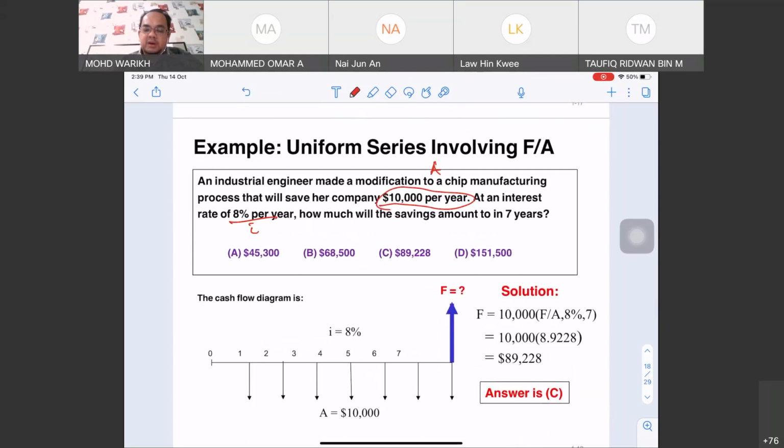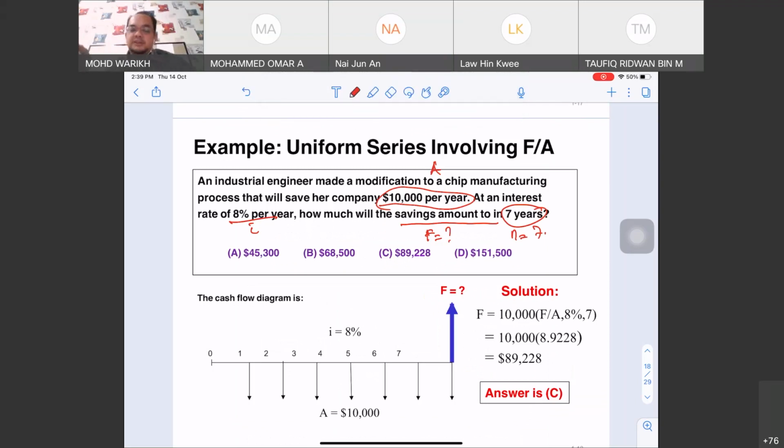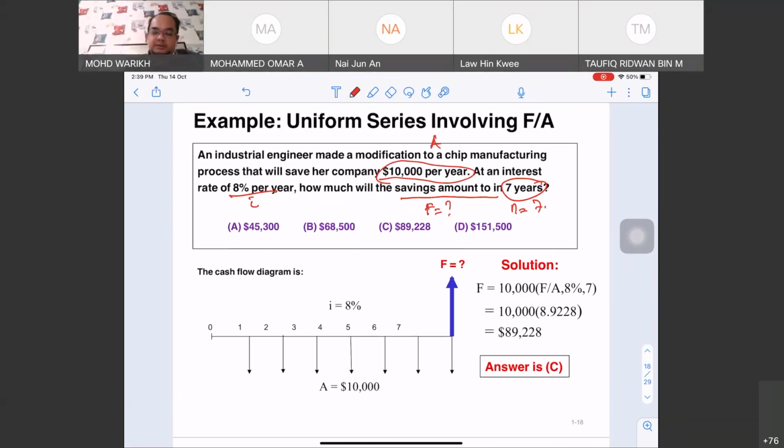So that means the saving amount in 7 years. Okay, N is 7. Because it's about the saving amount in 7 years, it is F, the future. After 7 years, how much is the amount? So you have to find F. A is given: F over A, I 8%, N is 7.